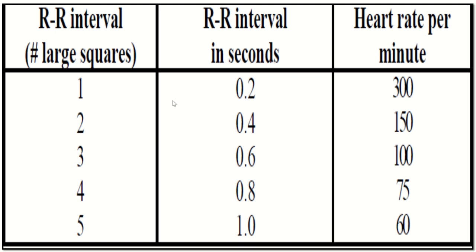So for heart rate, if there is one large square, 300 divided by 1 is 300. 300 divided by 2, the heart rate is 150. 300 divided by 3 is 100. 300 divided by 4 is 75. 300 divided by 5 is 60. This is just a tabular column for you to understand how to calculate the heart rate with the number of large squares.